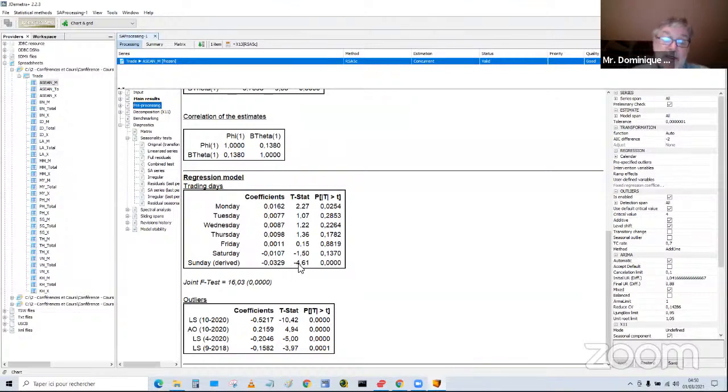So it's completely logical that if Sunday is low, then Monday should be high, because people are going to do on Monday what they did not do on Sunday. So here it's better than it was, for me at least. The results are better than just before, because now Monday is significant. So it means that, yes, Monday is a bit higher than normal. You see what I mean?